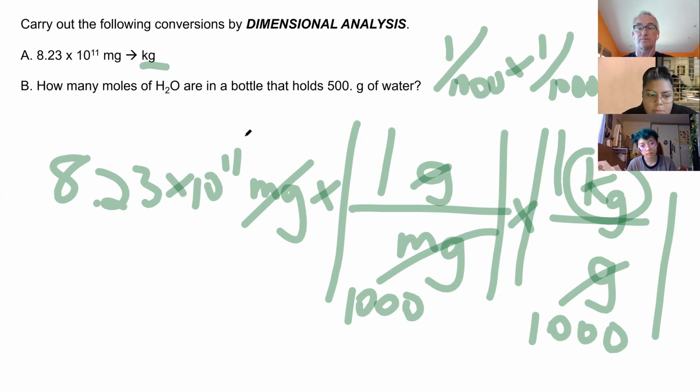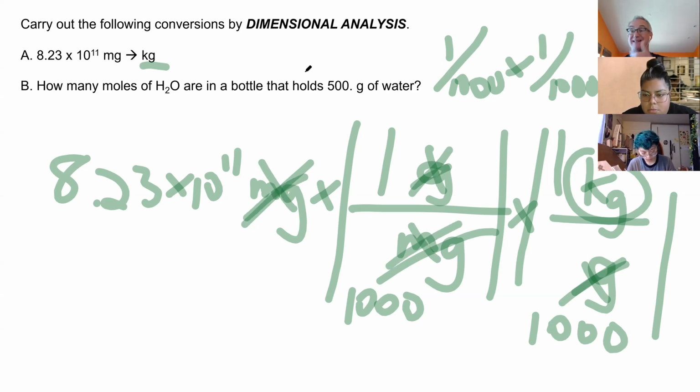If I have the units there, I know exactly what I'm doing, because this tells me that grams are going to cancel out, milligrams are going to cancel out, and the only unit that's left is kilograms. So I must have done it right.